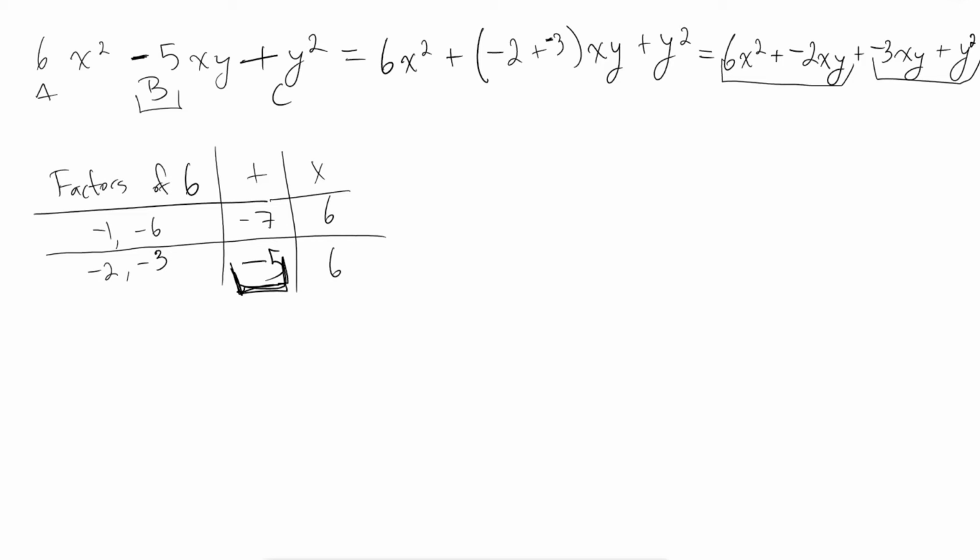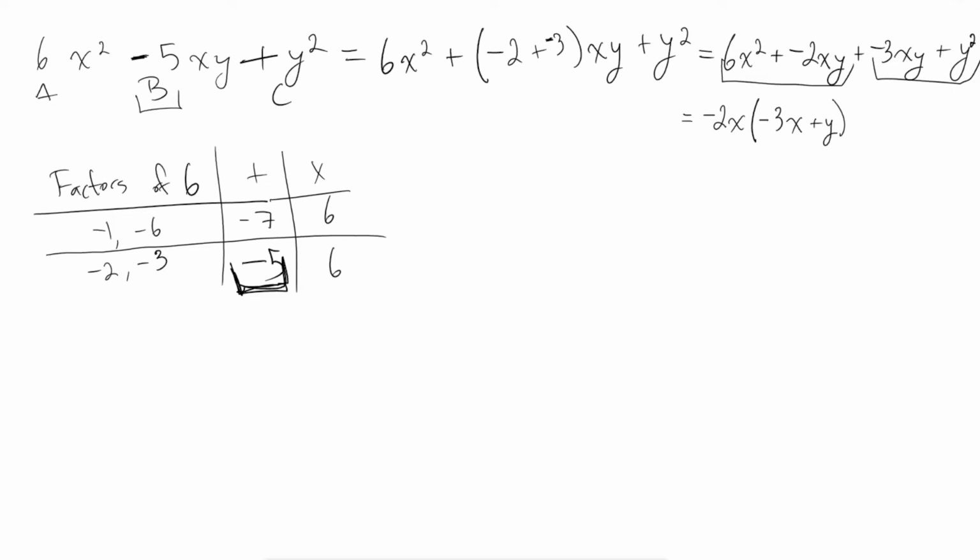And with their variables, I have an x squared and an xy, so I can take an x out of both of these. So for the first one, I'll factor out negative 2x. 6x squared divided by negative 2x gives me negative 3x. And negative 2xy divided by negative 2x gives me positive y.